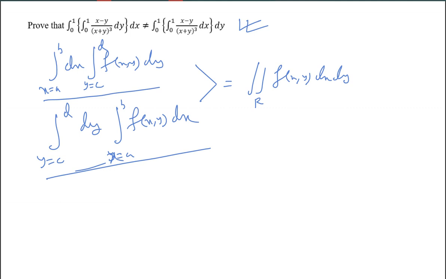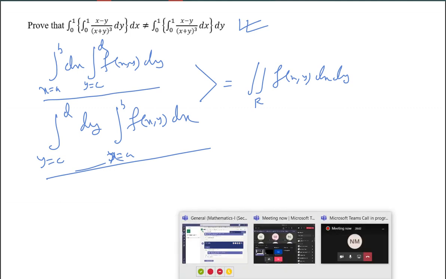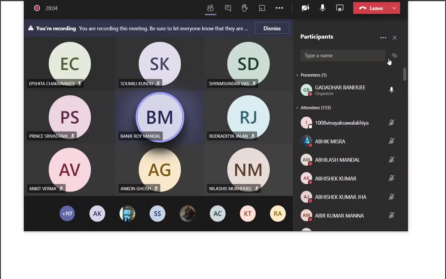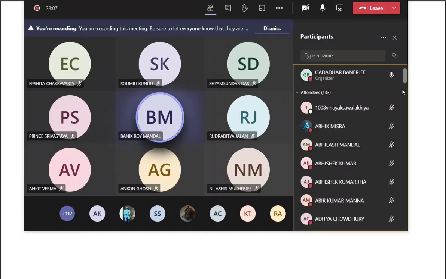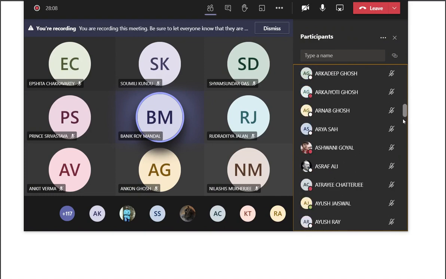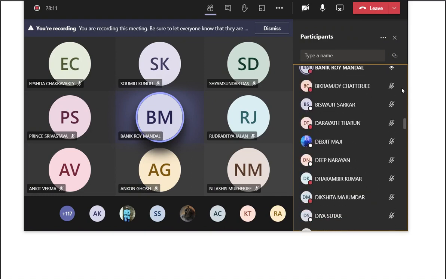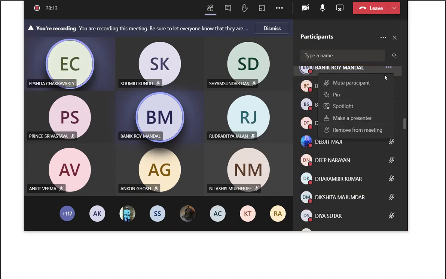Mute all is not a good habit, because you cannot raise your hand. I can mute individually. Yes, sir. How to check? Sir, it's in alphabetical order.